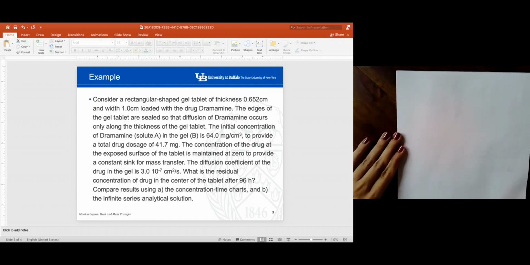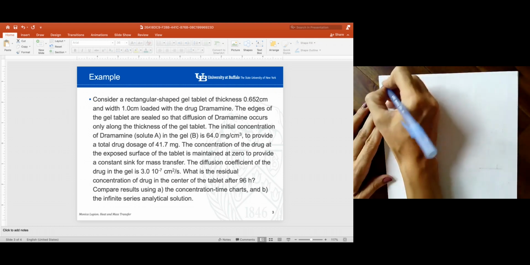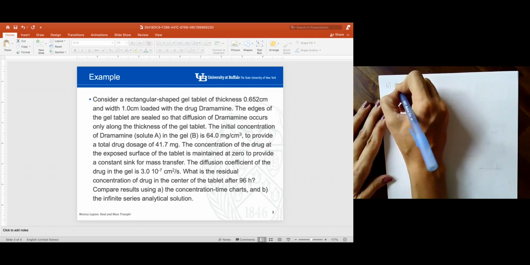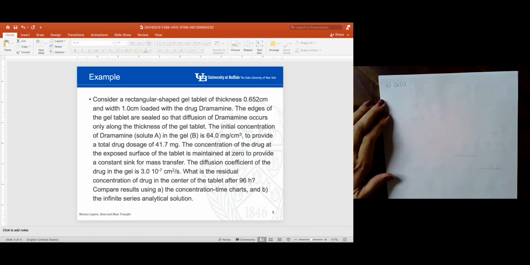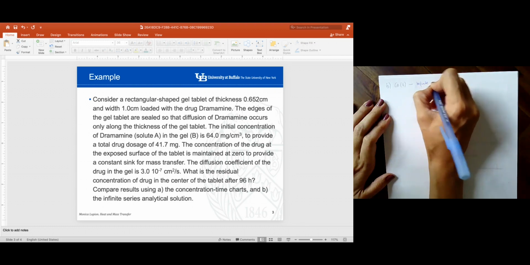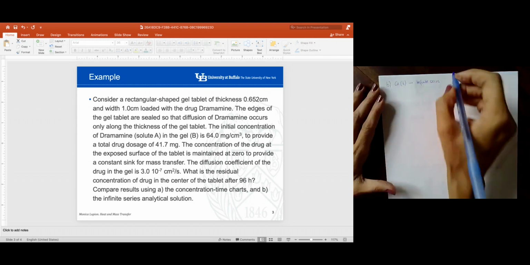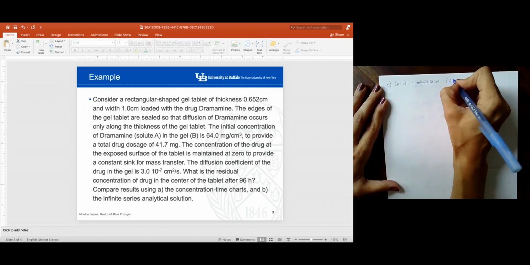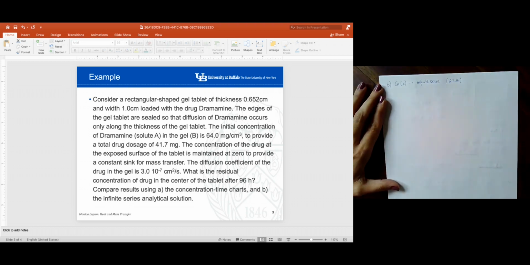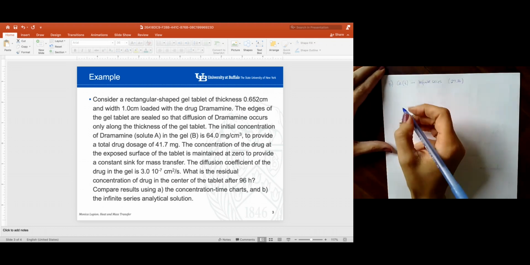Now, the problem also asks what happens if we calculate the same thing, the concentration in the center, using the infinite series. It's in section 27.16 in your textbook. I'm going to just copy the solution that we discussed in this section.